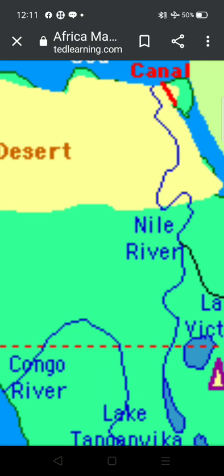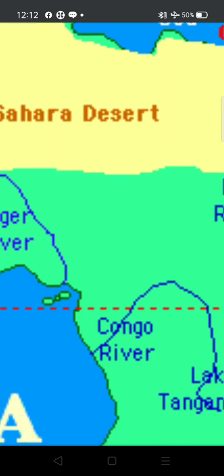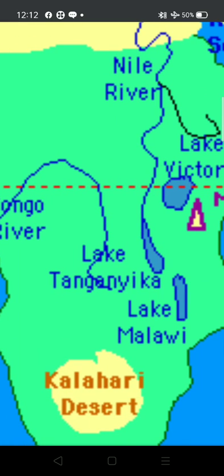A large part of Africa on both sides of the equator receives heavy rainfall. In the south there is an arid region called the Kalahari desert. Arid means dry. Here you don't get much rain. ఇక్కడ చాలా తక్కువ వర్షాలు పడుతూ ఉంటాయి.